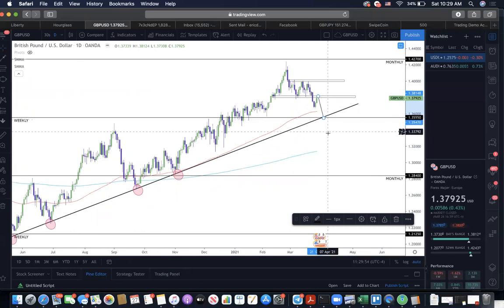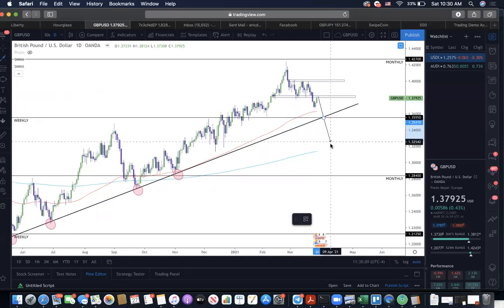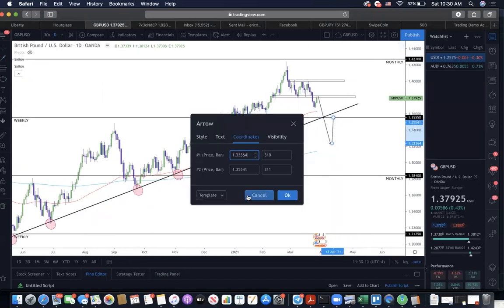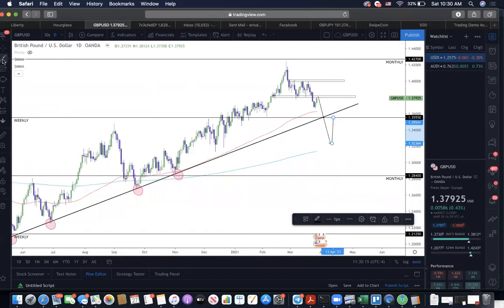Now, if it breaks this trend line, I will look for a retest, right? And we can take this thing even lower, possibly.